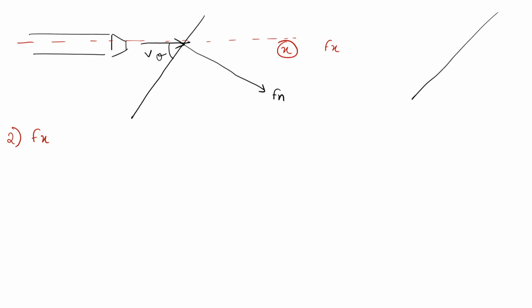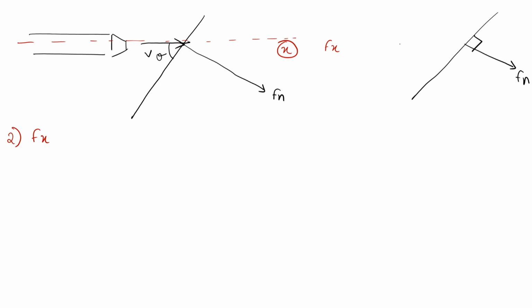The second force we are considering here is the force exerted in the direction of the jet. This is the direction of the jet, the x direction, so we have to find the force exerted in the x direction, that is Fx. In order to find Fx, I am drawing all the other components. The jet is striking with the velocity v, and theta is the angle between the jet and the inclined plate, and this is the normal force, which makes 90 degrees with the inclined plate.